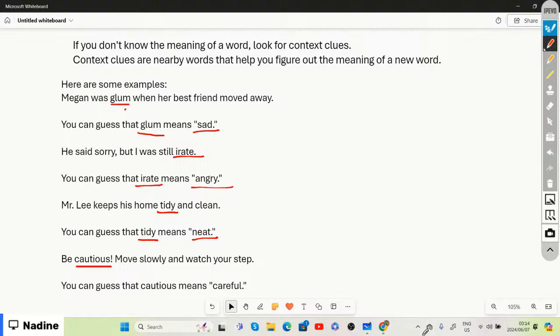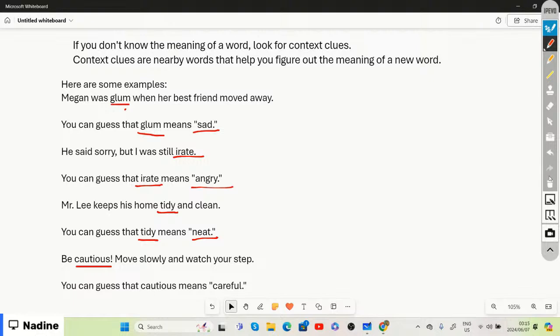If we don't know a word, there will be something within that sentence that tells us what it means. All right, so that's context clues.